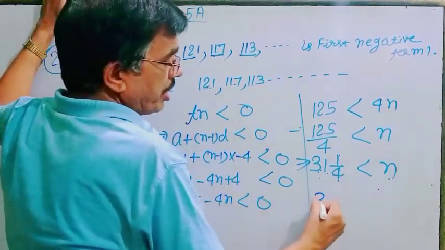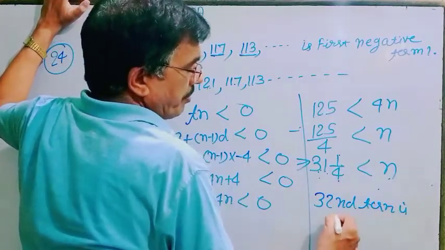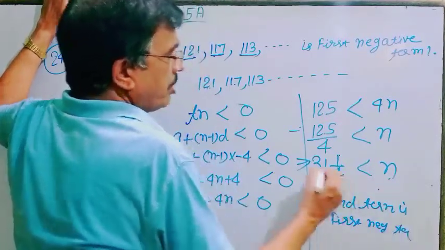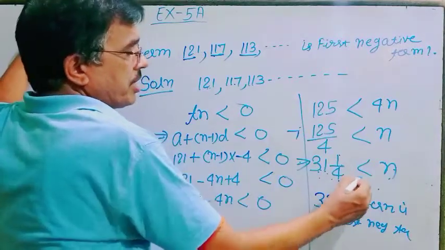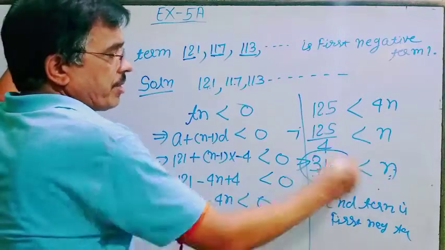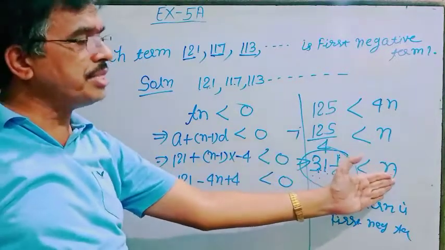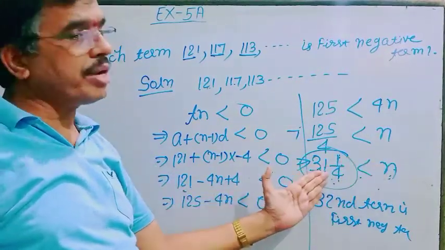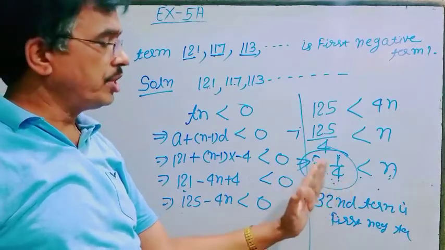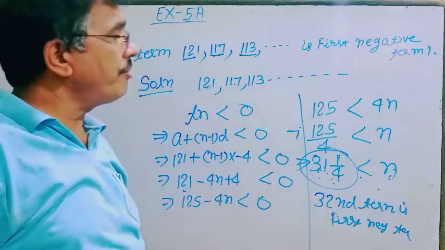Then you can write that the 32nd term is the first negative term. Because N is greater than 31 and 1 by 4, and N is always a whole number, the whole number after 31 and 1 by 4 is 32. So the 32nd term is the first negative term.